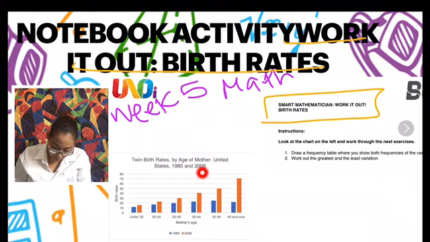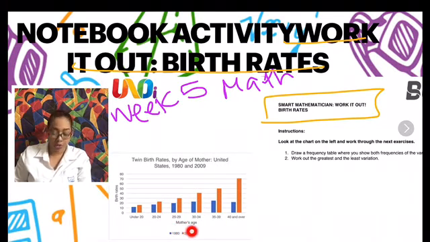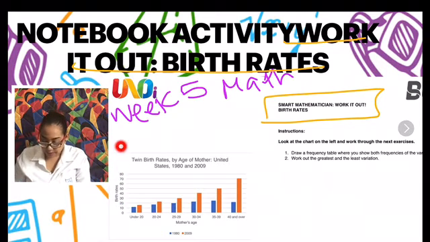On the horizontal axis at the bottom, you see mother's age. The blue bar chart is 1980. The orange bar chart is the year 2009. On the vertical axis, you see the birth rates. Be very observant when looking at the chart. After that, we're going to answer number 1 and number 2.